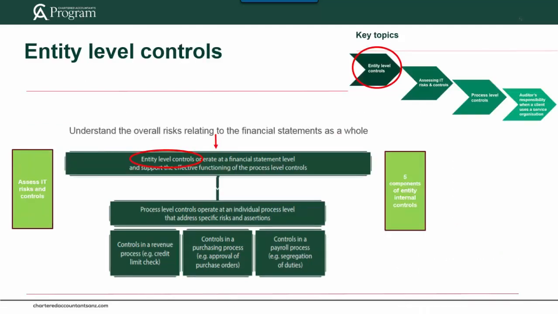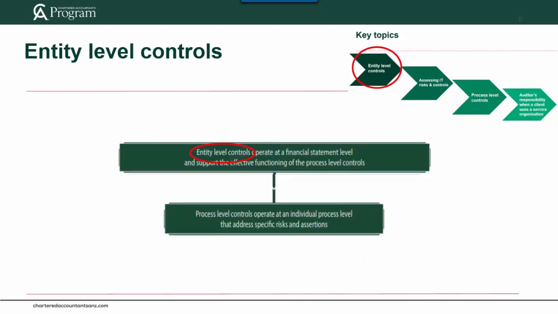As we just mentioned, the auditor has a responsibility to evaluate the design of entity-level controls and whether the controls have been implemented. To do this evaluation, we need to understand what entity-level controls are. Entity-level controls are implemented by senior management to mitigate business risks. Entity-level controls are put in place to ensure that the entity as a whole is operating effectively and efficiently.